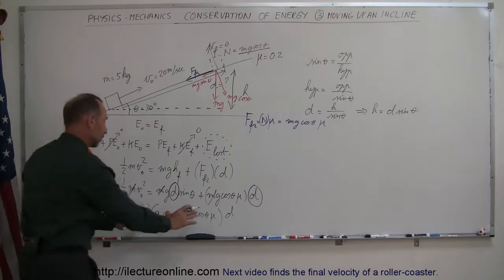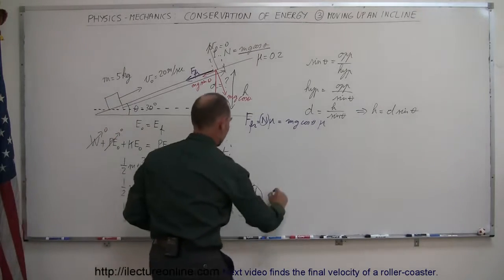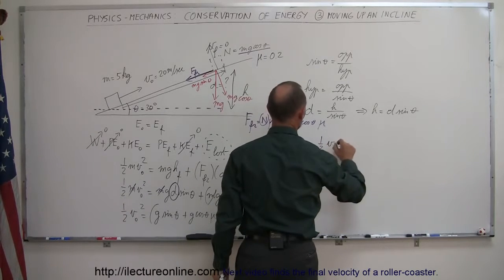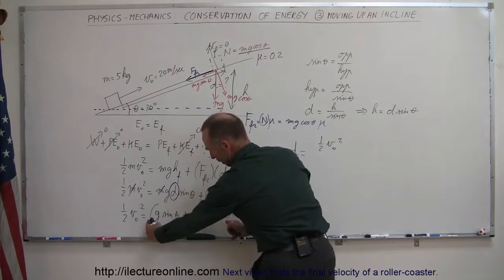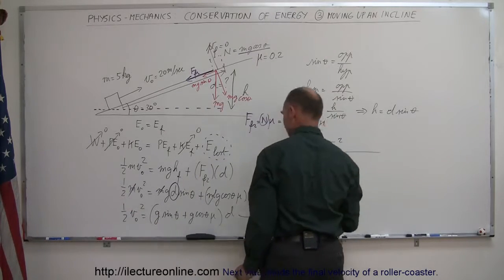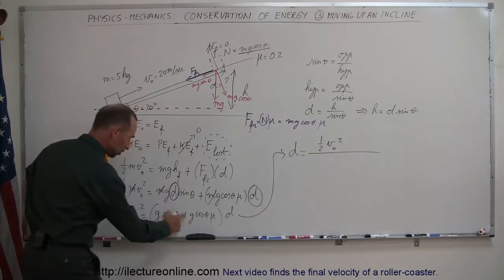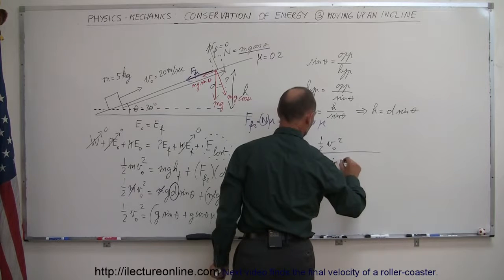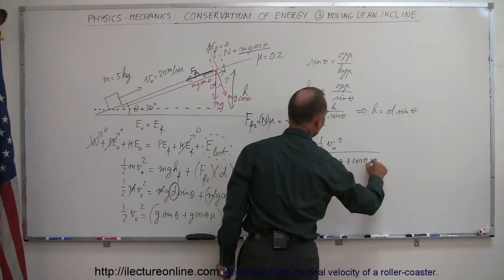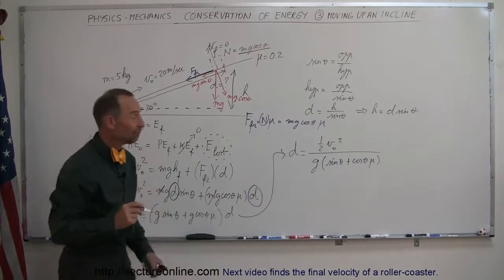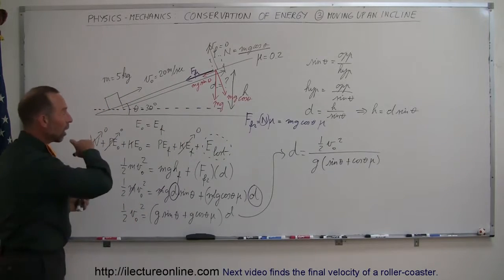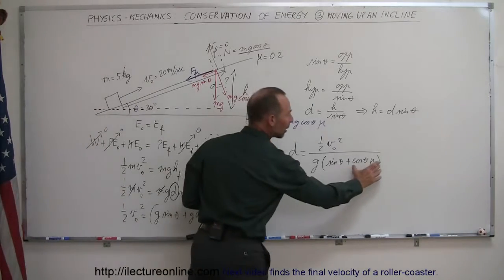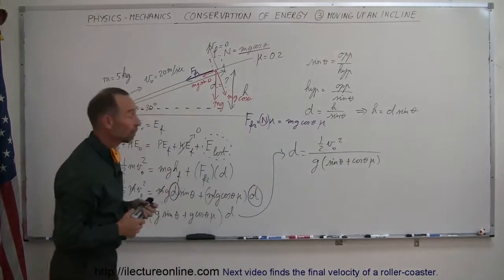Then I divide both sides by this quantity, flip the equation around, so now I can say that the distance traveled is equal to 1/2 v initial squared, which is the left side, divided by this whole thing right here, and of course notice I can factor out a g, so divided by g times the sine of theta plus the cosine of theta times mu. And that will tell me how far the object will move along the incline before coming to a complete stop. And it's this portion right here of the equation which takes into account that we have to overcome the friction.